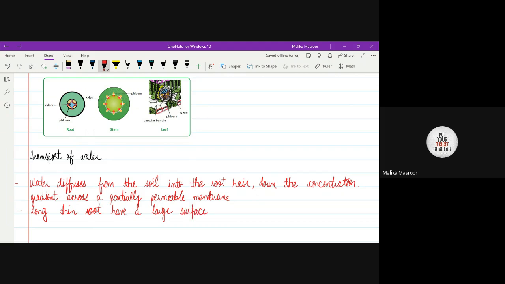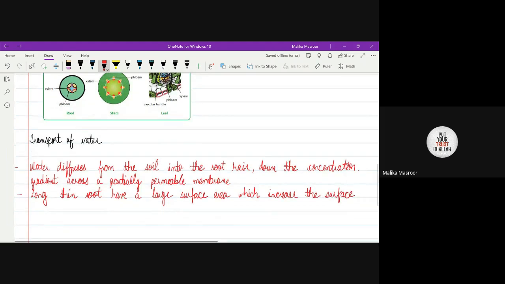Or you can say which increases the surface area for absorption of water and mineral ions.